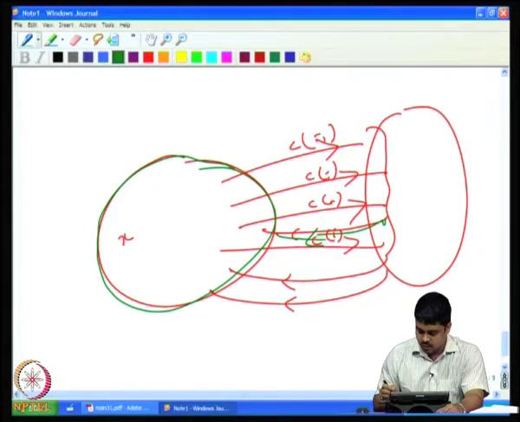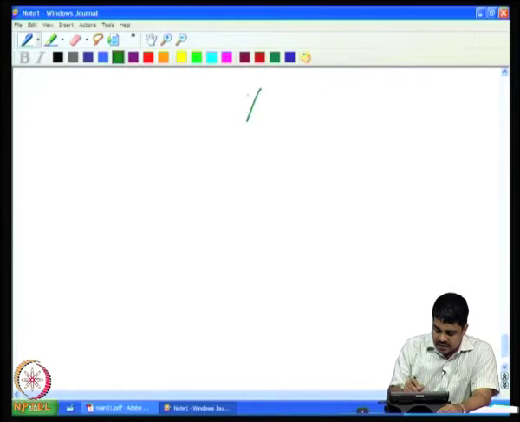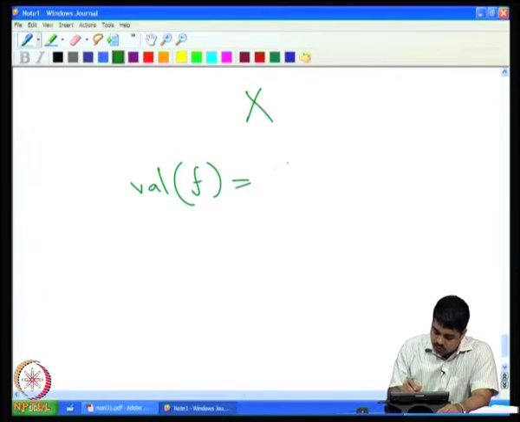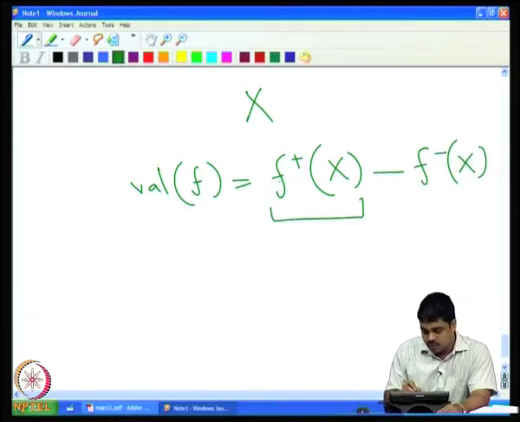Why is it so? It is easy to see, because we have already seen that, given a cut X, the value of the flow is equal to f plus of X minus f minus of X. The first term is essentially the flow values on the outgoing edges from X, and each flow value has to be less than or equal to the capacity of that outgoing edge.